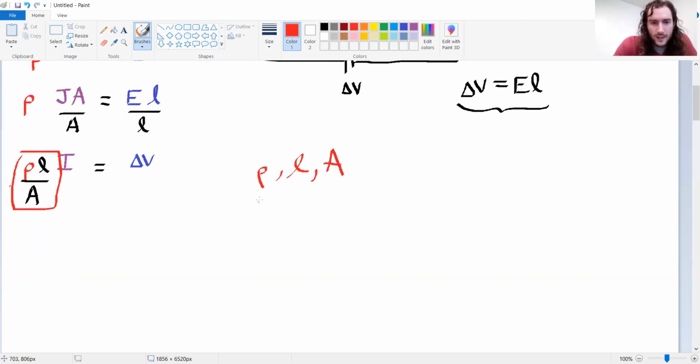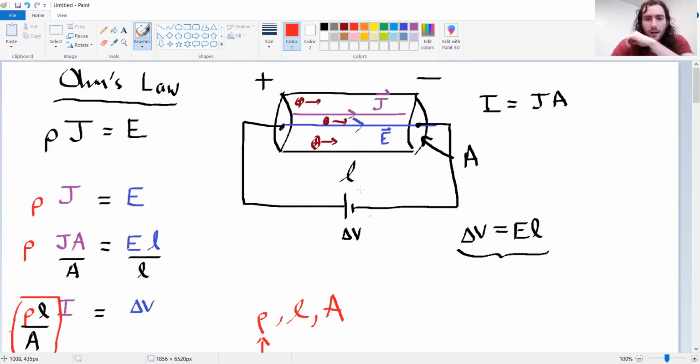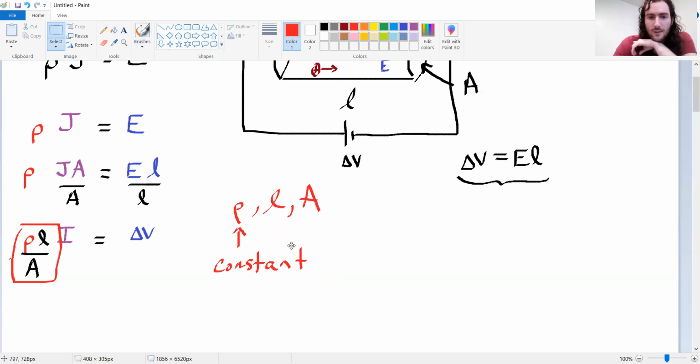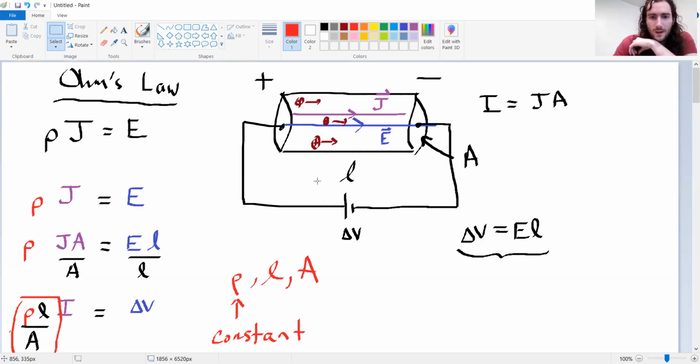Rho is constant for a material. For example, if I say this wire is made of copper, then rho is the same everywhere, right? It's a copper wire. It's the same all throughout the copper wire. Now this L here is the length of the wire.